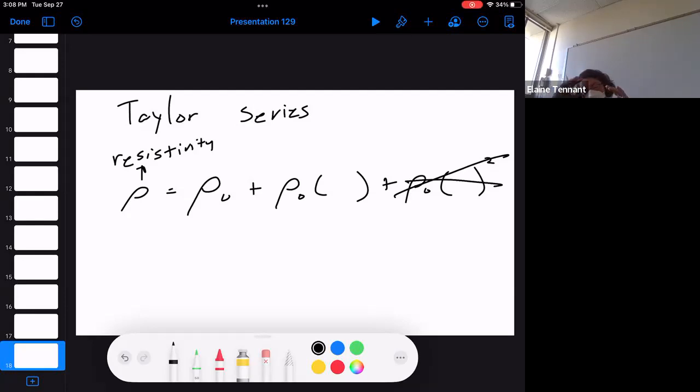So instead of having a lot of different factors go into my resistance, I'm going to have the resistivity of a material. That's generally what we think about for temperature dependence. It's got units of ohms times meters, and we will discuss this next Thursday.